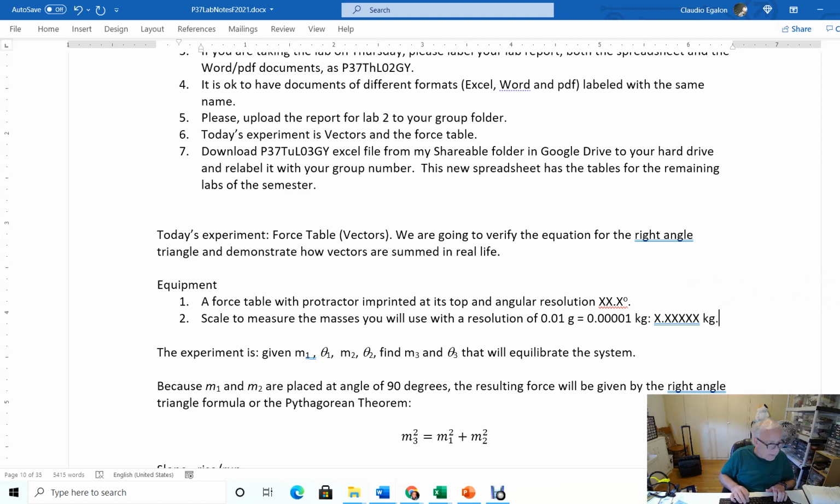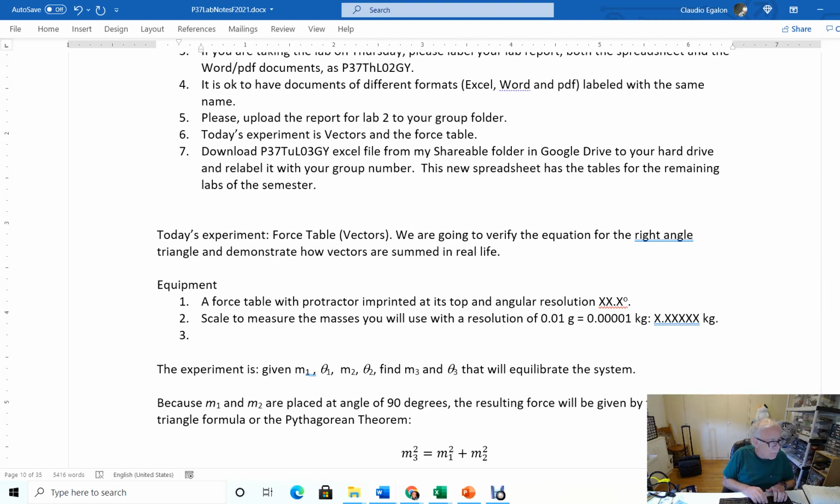What else do you have there? You have 3 mass holders of 50 grams.